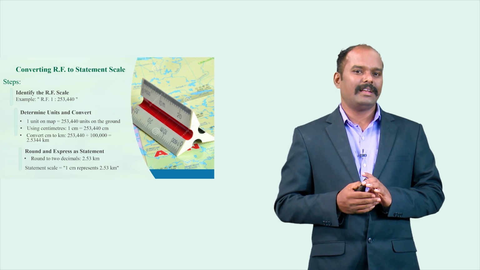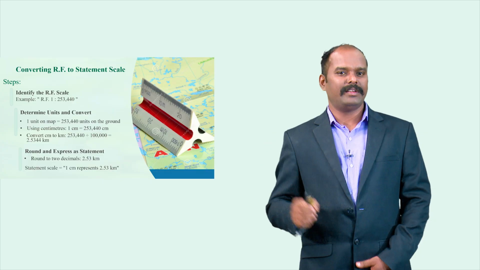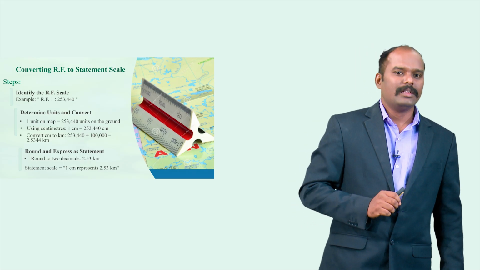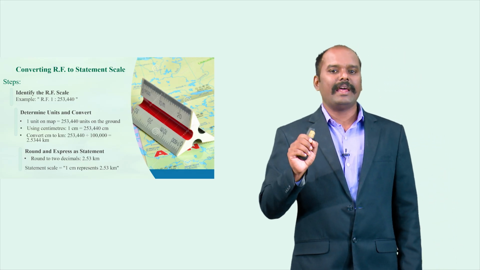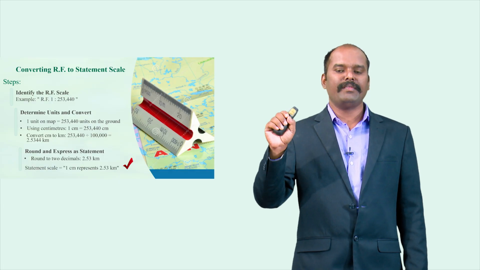So we will get 2.5344 kilometer, which means 1 centimeter on the map is equal to 2.5344 kilometer on the ground. Here we can write simply 1 centimeter is equal to 2.53 kilometer.